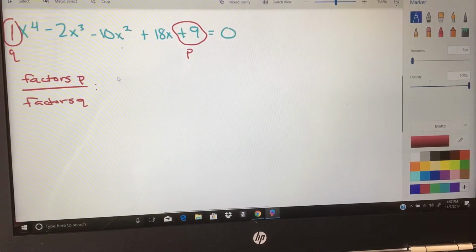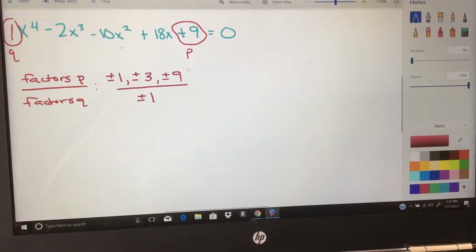The things that multiply to 9 are going to be positive and negative 1, positive and negative 3, and positive and negative 9. And the things that multiply to Q are just 1, so 1 times 1. So the possible zeros are going to be 1, negative 1, 3, negative 3, 9, negative 9, they're all over a 1, so it's just these values here.